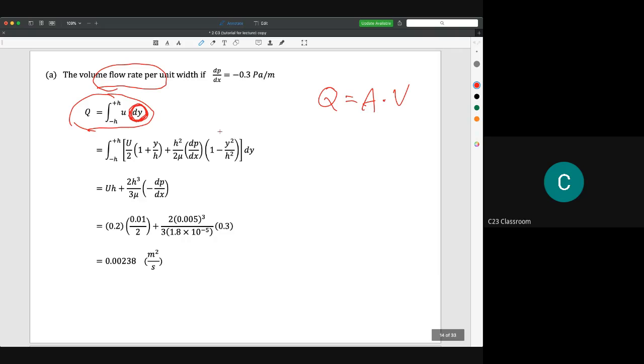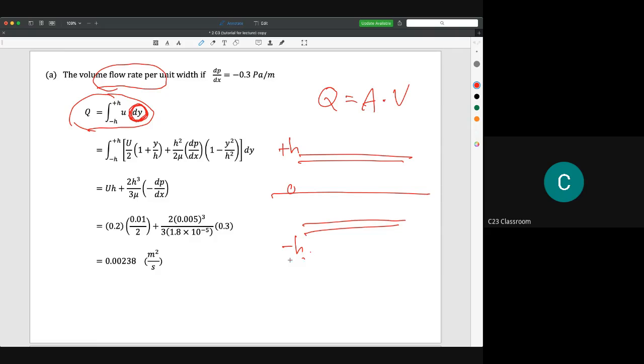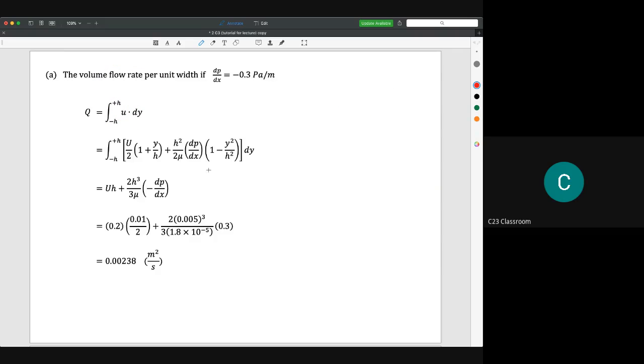Then we assume this is our plate, and the center line is equal to 0, this is plus h, and this is minus h. That's why the limits will be minus h and plus h here. So we substitute the value of u that we got previously.